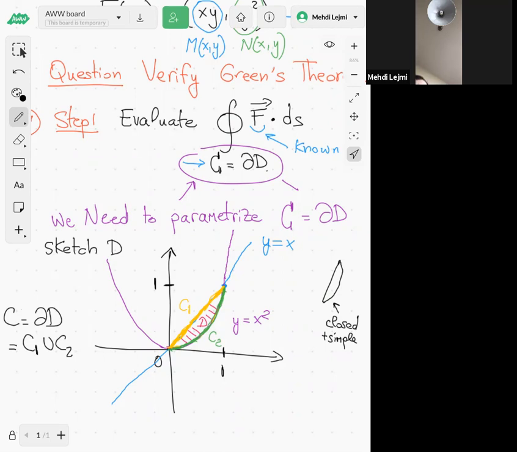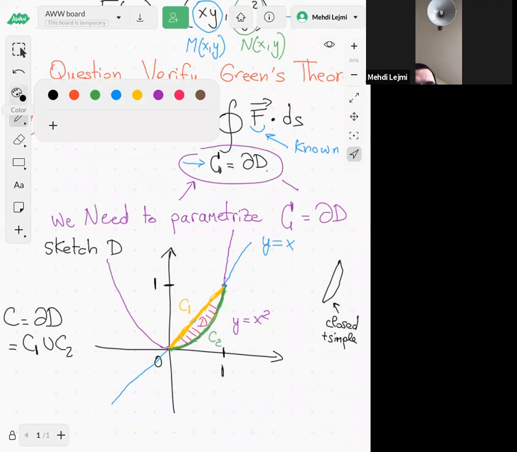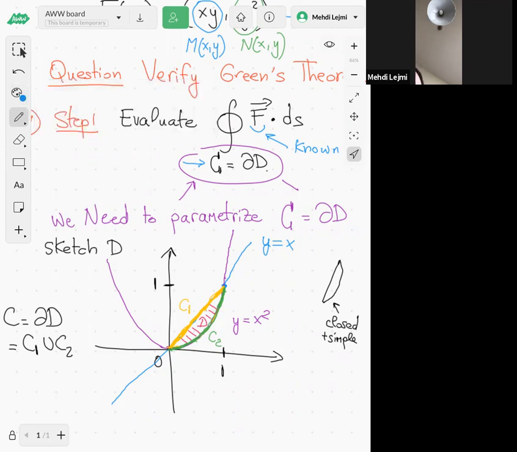So for C1, the orientation would be this one here, because you need D to be on your left. And for C2, the orientation would be the other side.